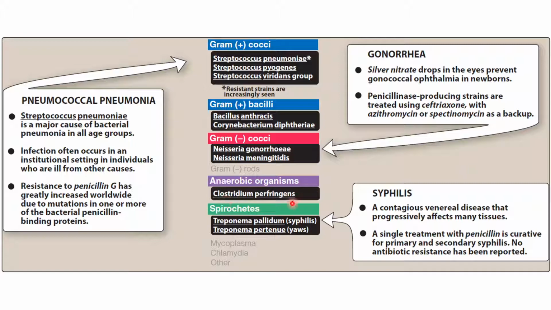Clostridium perfringens is usually seen in the intestine and will lead to very painful stomach cramps.